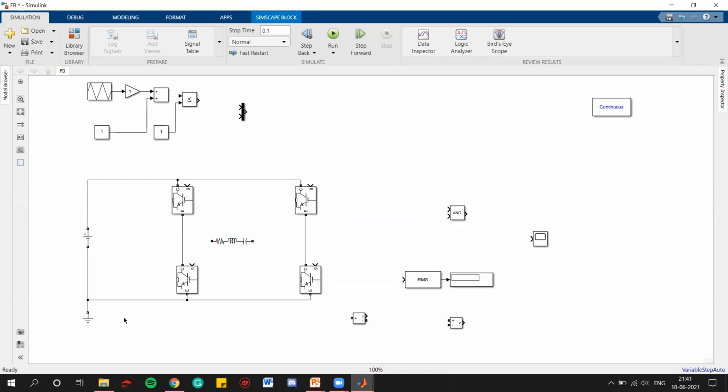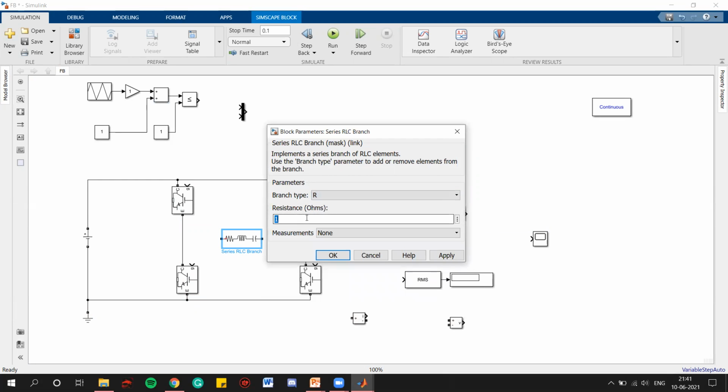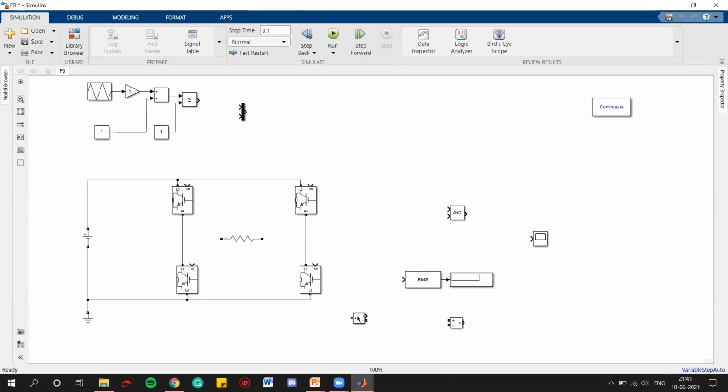And put ground here to stabilize the whole circuit. Convert this to R load of 10 ohms. This is the positive current direction. Here will be the voltage measurements.